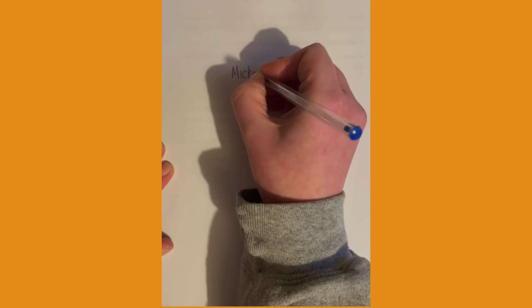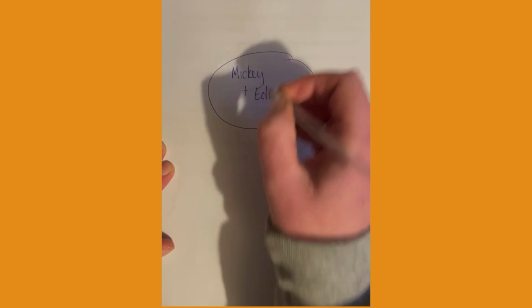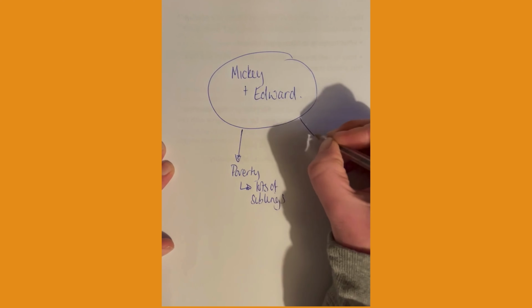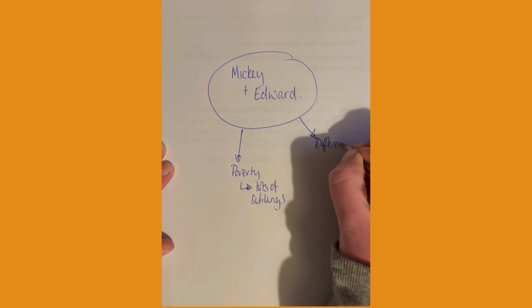So we know that they have different upbringings. We know that there are different expectations on the two of them. So Mickey is raised in poverty with lots of siblings. They have different educational experiences.